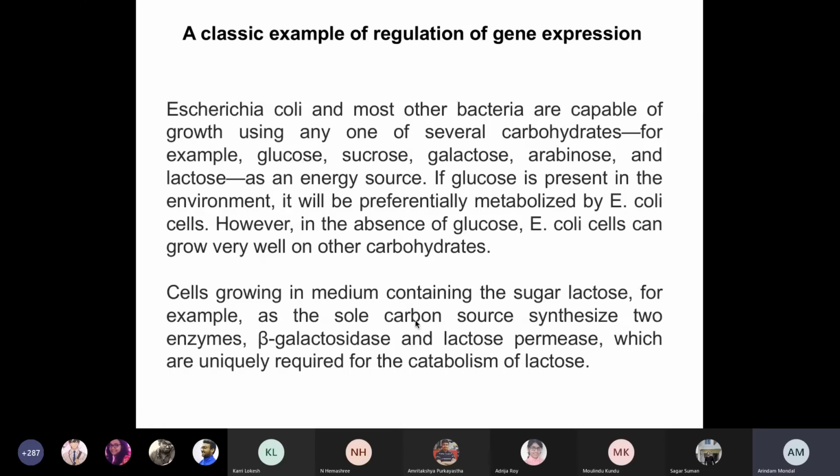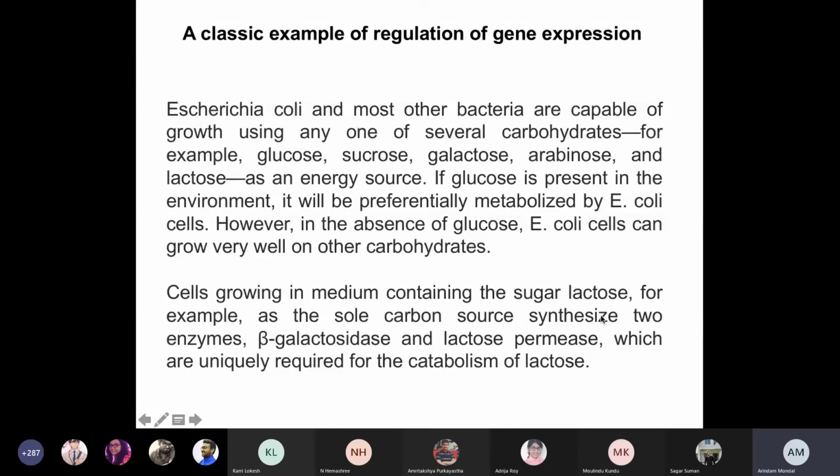That means it is not getting sugar, but it is getting milk. And you know, if you leave milk outside, it can go bad very easily. Why? Because bacteria start growing in it. And why do bacteria start growing in the milk? Because lactose is a good source of energy for the bacteria.